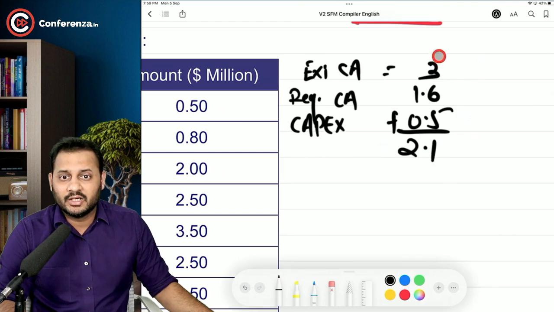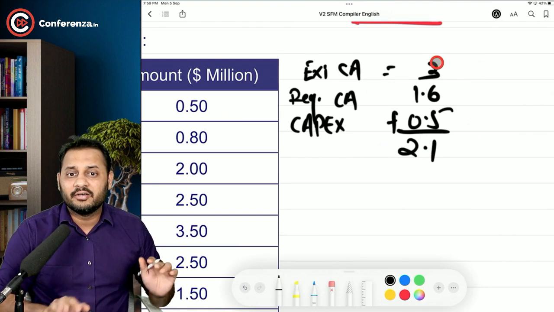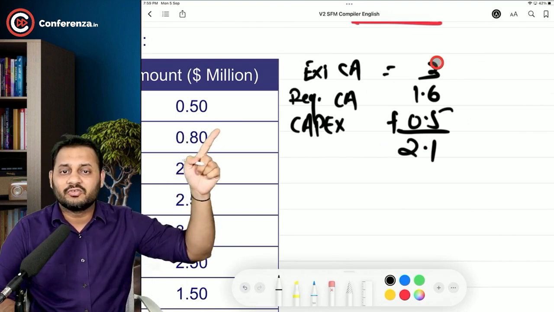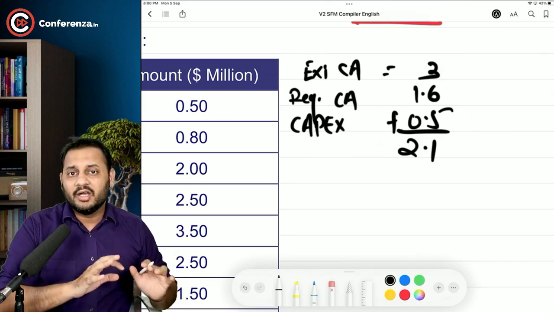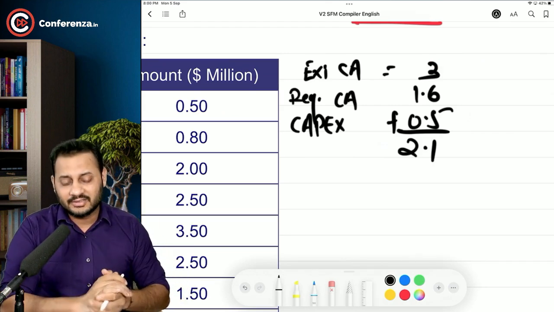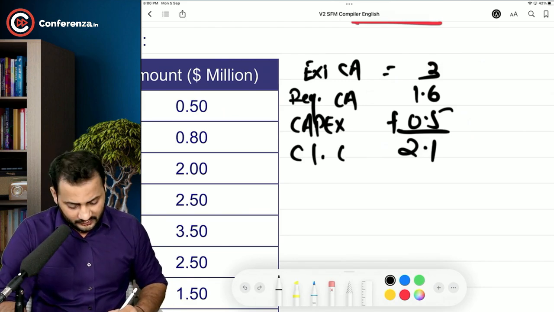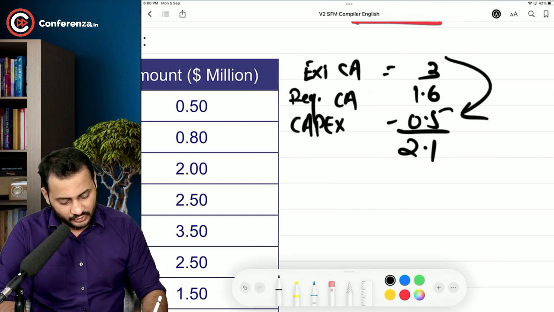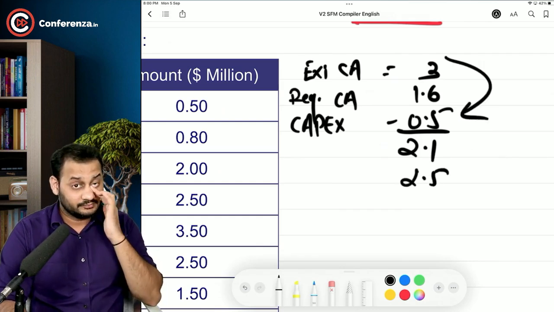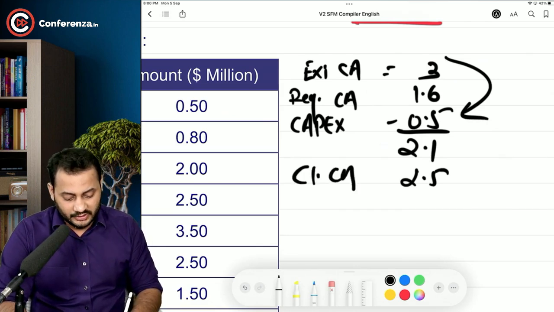This 2.1 can be covered from the existing current assets. No additional funds are required, not for the current assets, not for the capital expenditure. The capital expenditure will also be funded from the existing current asset itself, and we will close the current assets at 3 minus 0.5, that's 2.5. This is going to be the closing current assets.